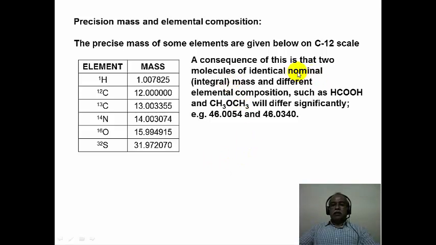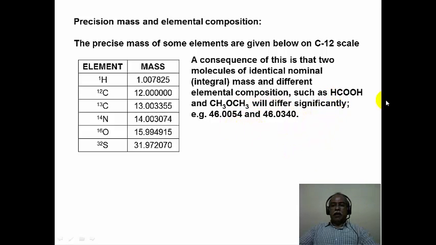The consequence of the fractional weight is that two molecules with identical nominal mass, in other words, unit mass resolution mass, and different elemental compositions, such as in the case of formic acid and dimethyl ether, will differ significantly in the fractional weight.